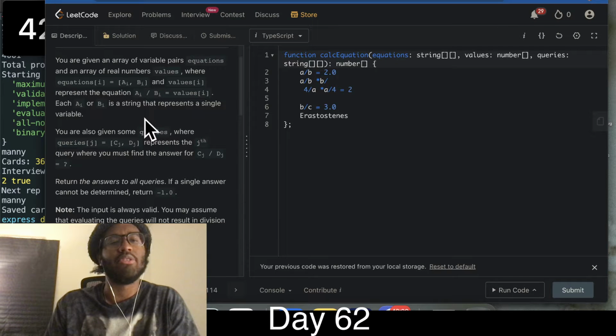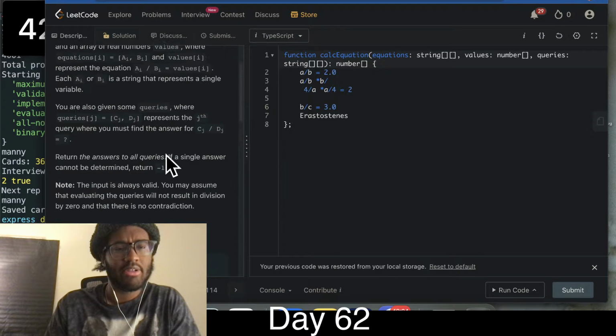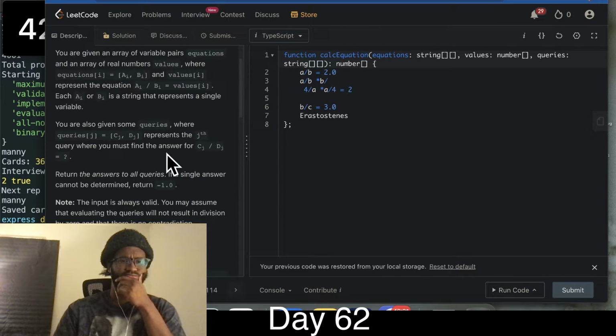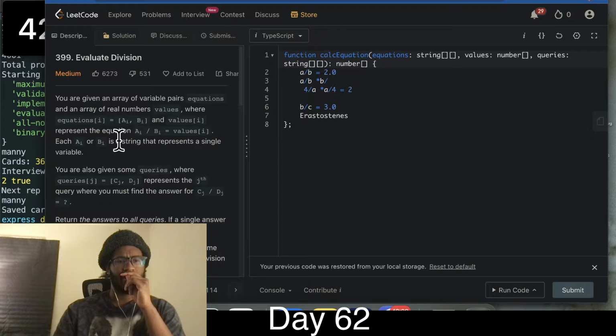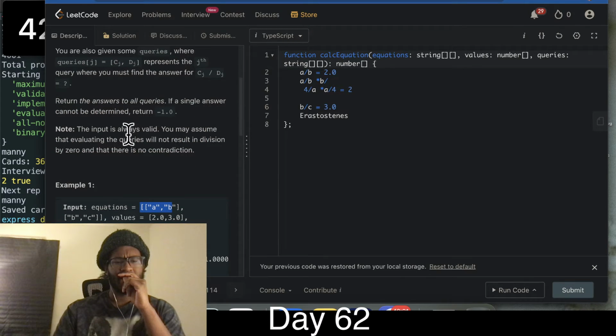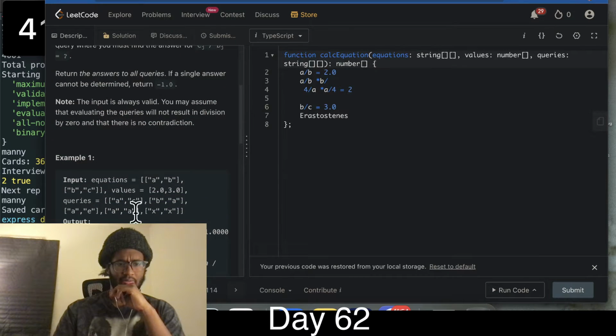An array of real numbers, values, where equation sub i is equal to a sub i, comma b sub i, and values sub i represent the equation a sub i divided by b sub i.